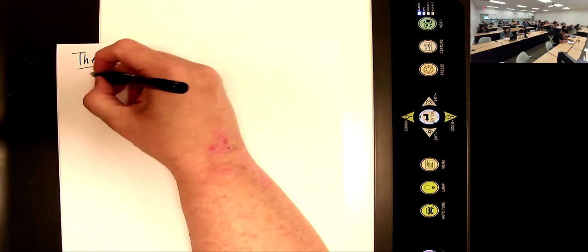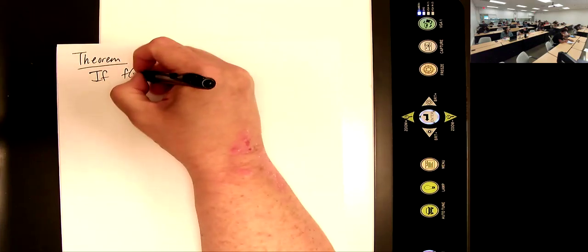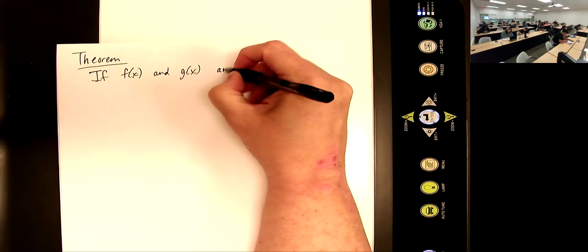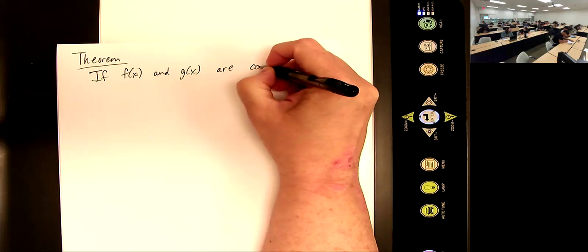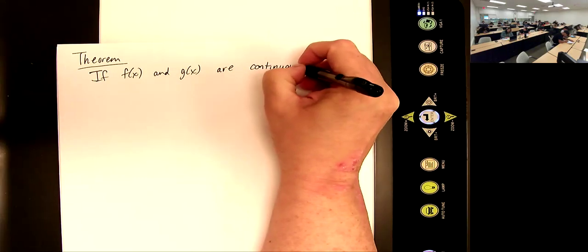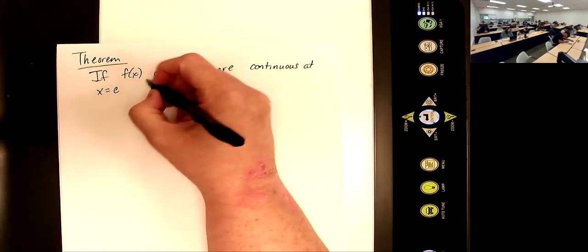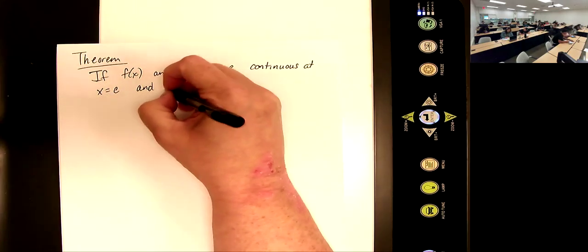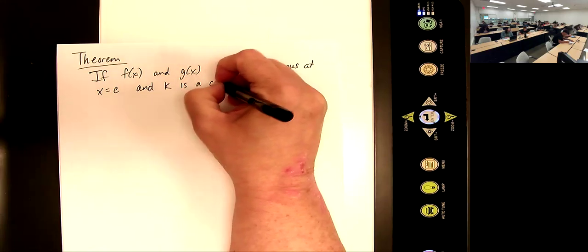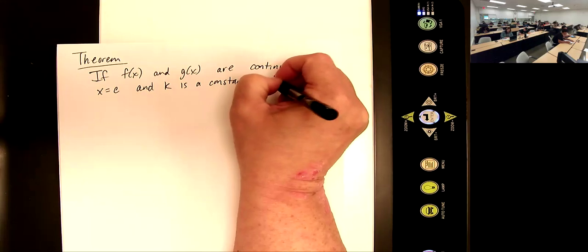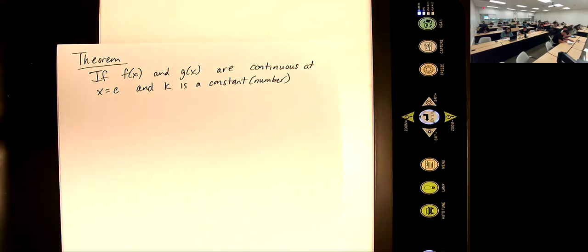So if f and g are continuous at x equals c, and k is a constant, like a number, then the following are true.